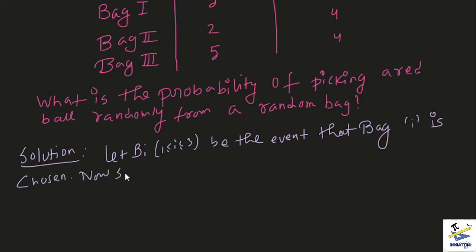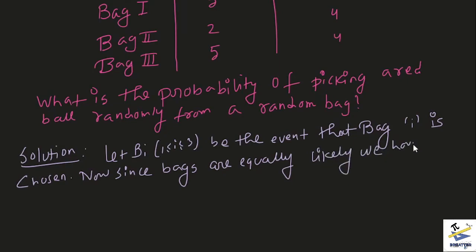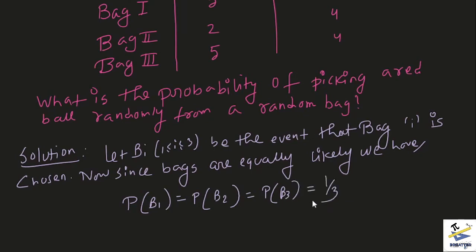Now since bags are equally likely, we have probability of B1 equals probability of B2 equals probability of B3, right? And all of them should be equal to 1 by 3 because they're equally likely. So the choice of bags is equally likely.